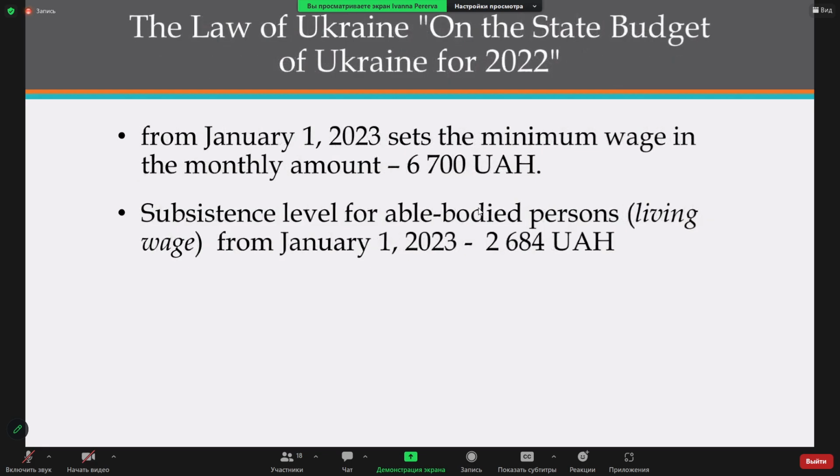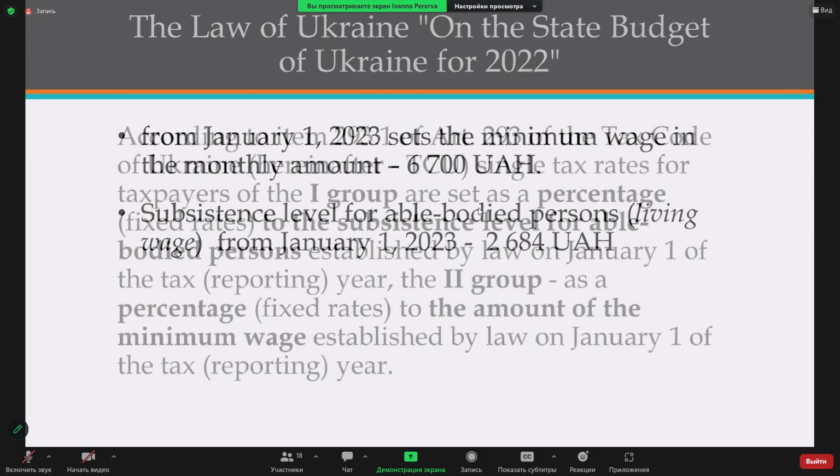So according to the current legislation, the minimum wage in Ukraine in the current year is 6,700 hryvnias. The subsistence level for an able-bodied person is 2,684 hryvnias.